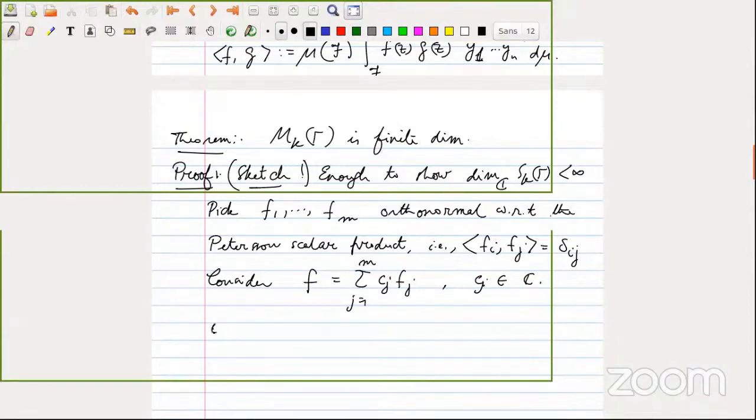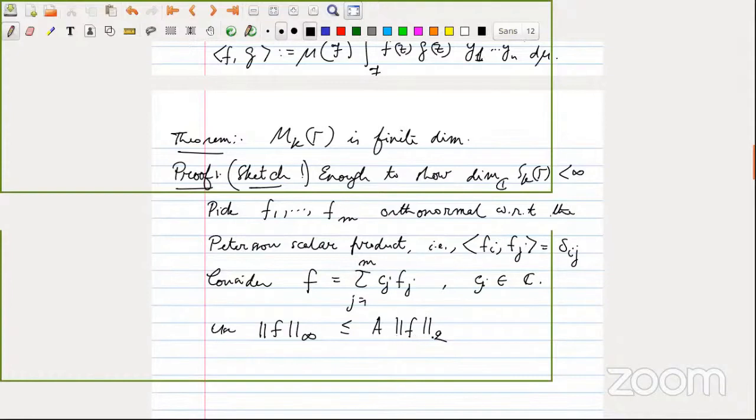So now we use the fact that the infinity norm of f is less than or equal to some constant a times the 2 norm of f. The 2 norm of f comes from the Petersson inner product.